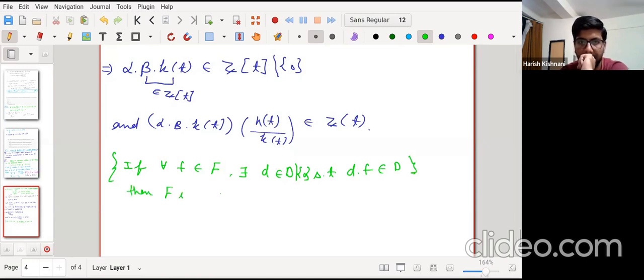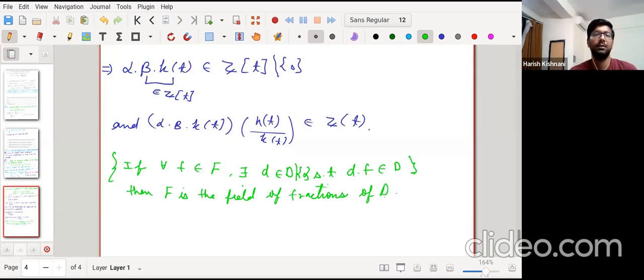F is the field of fractions of D. For each integral domain and its field of fractions, the integral domain is naturally embedded inside the field of fractions by the definition itself. It's the smallest field in which D can be embedded.